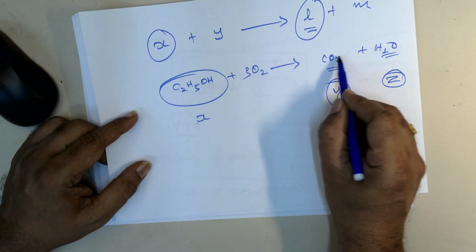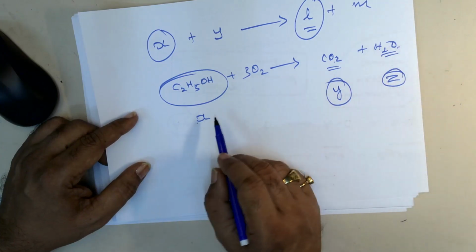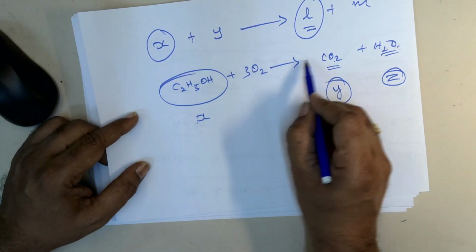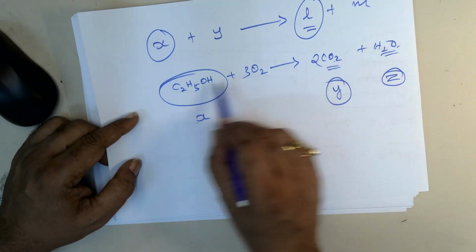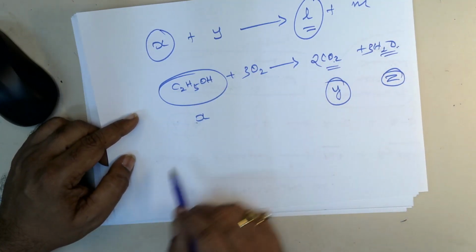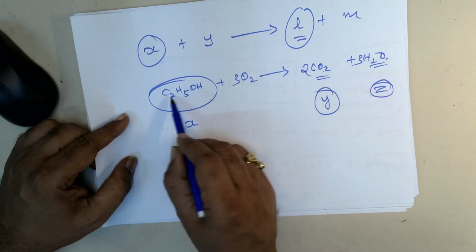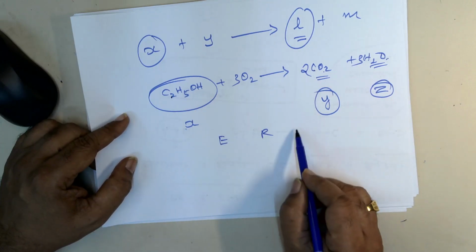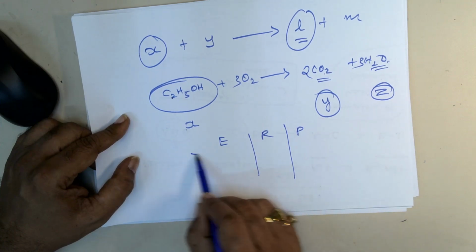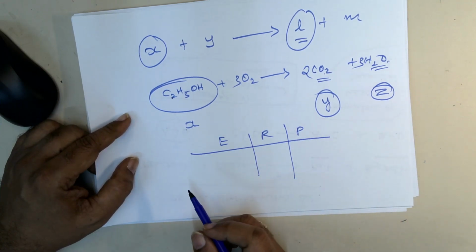So this is 3 O2, giving 2 CO2 plus 3 H2O. This is 2 plus 2, 4, plus the balance is 6, so 3. Now you can check 2 carbon, 2 carbon. You can adopt that ERP method also for this, about which I already discussed with you, right? Do you remember?